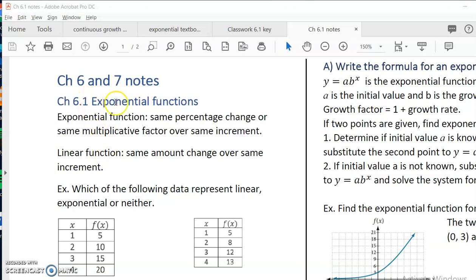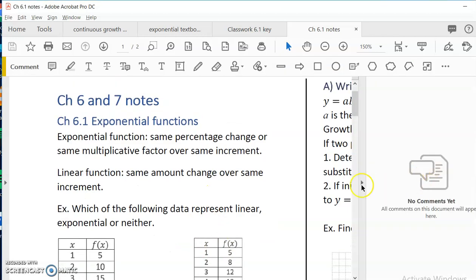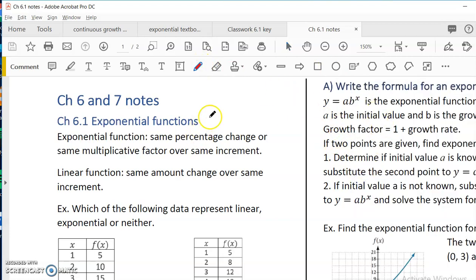So technically speaking, what is an exponential function? It turns out that, according to the definition documented here, the function's y value has the same constant percentage change.